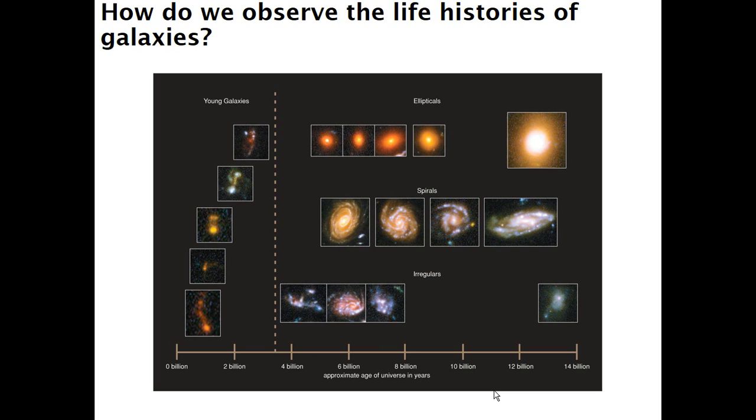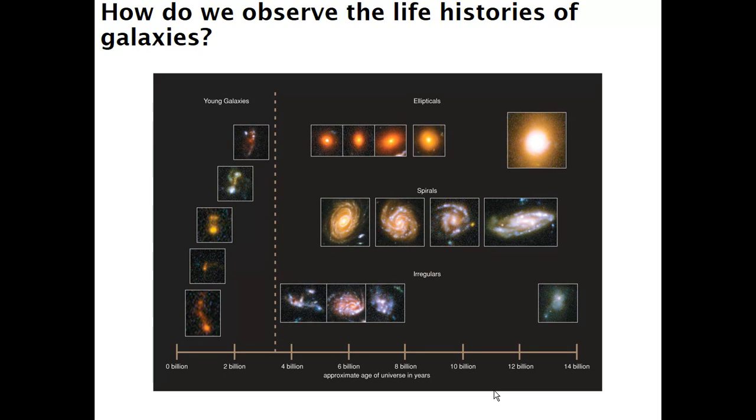Bristlecone pines live 3,000 years. Sequoias live thousands of years. Turtles and octopuses can be hundreds of years. Jellyfish, things like that. Things where it's not easy to tell what's going on.